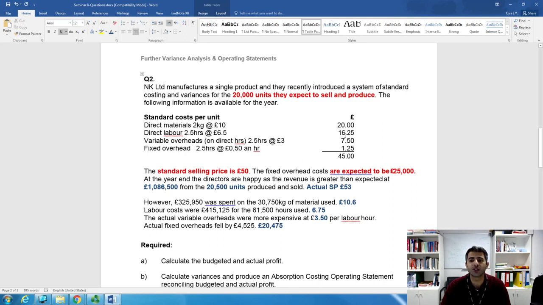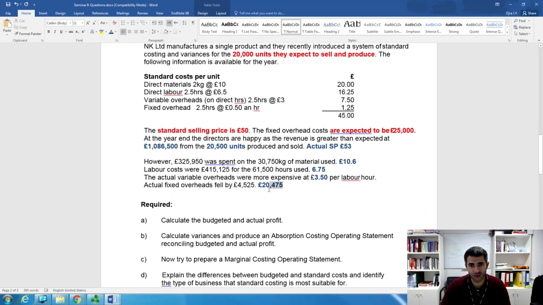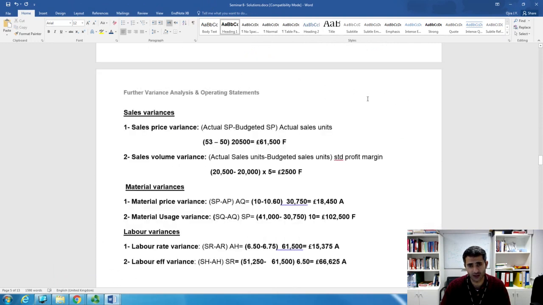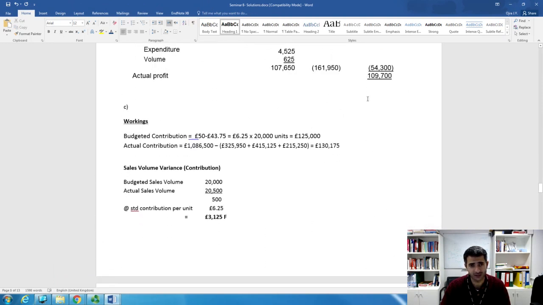So you need to do a new budgeted standard profit margin without the 1.25, and the same with the actual profit. Remember that you do not include the fixed cost. So the first step is to calculate the budget profit and the actual profit using marginal costing, and these are the answers.